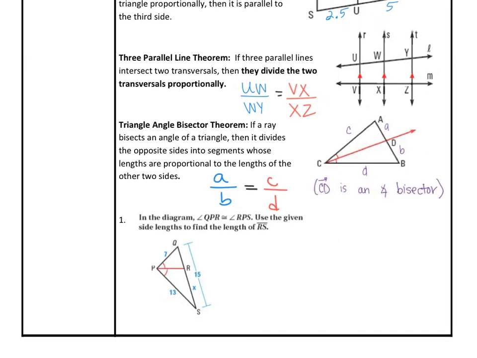Okay, we have to find RS in this diagram. You're given that you have an angle bisector. You know it because it is marked in the diagram. You're not assuming.